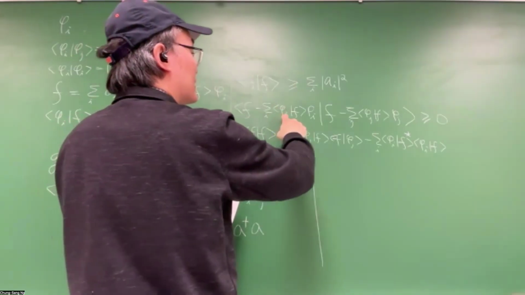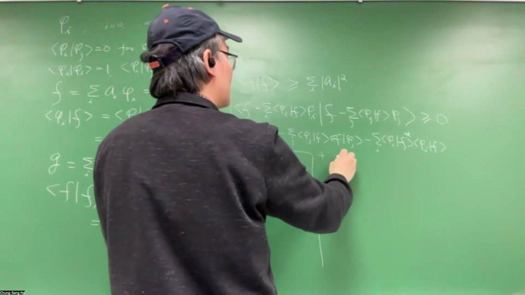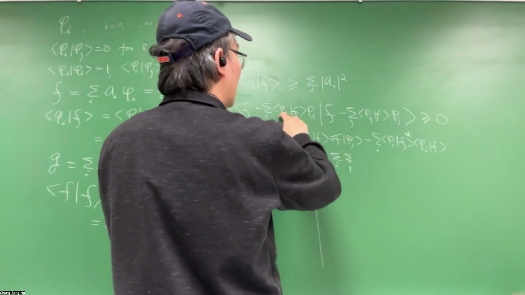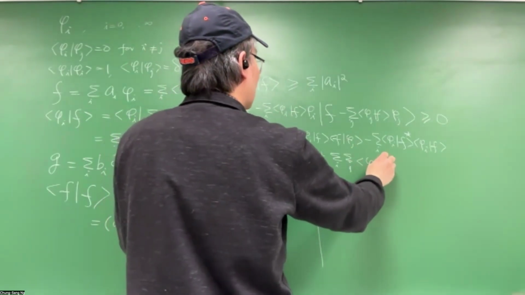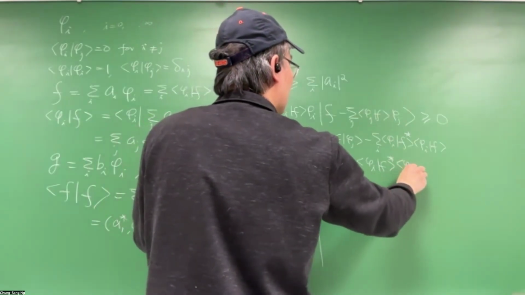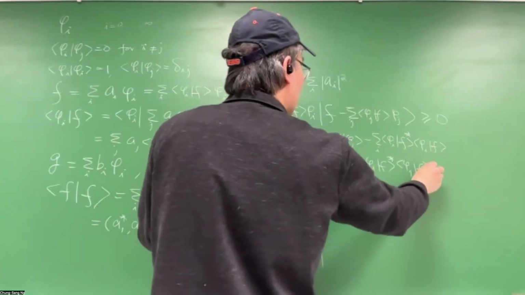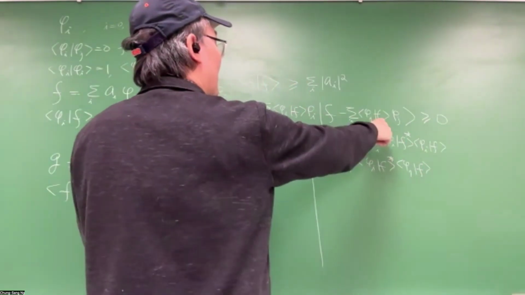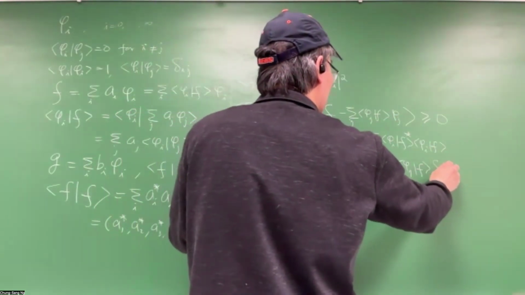And then finally, this and that is plus the sum over i, the sum over j, and this one again, complex conjugate, and this one, phi_i phi_j, which is delta_ij.